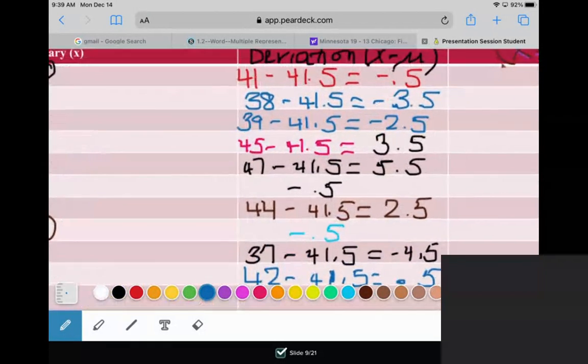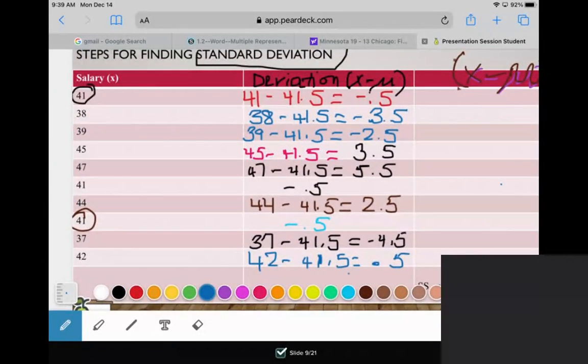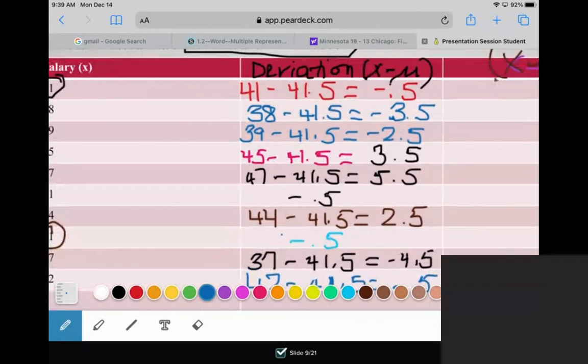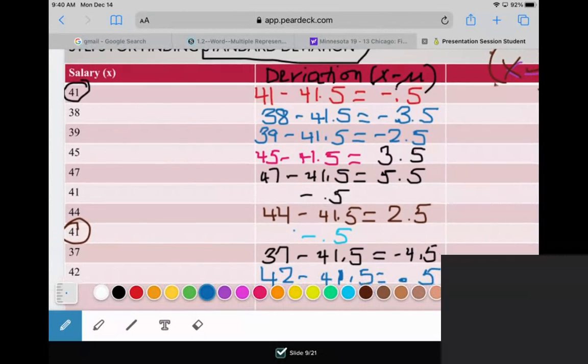So this is how I find the deviation. I'm going to zoom in for this deviation. Question on how I find the deviation?